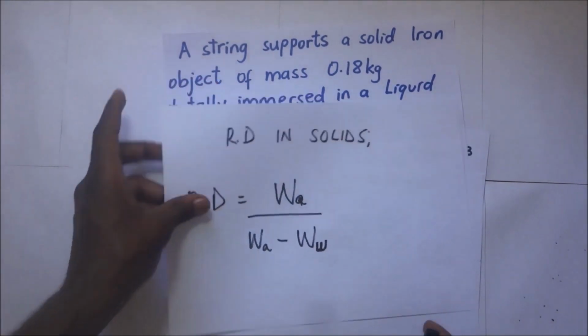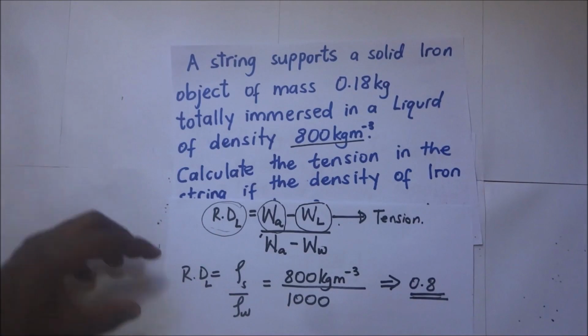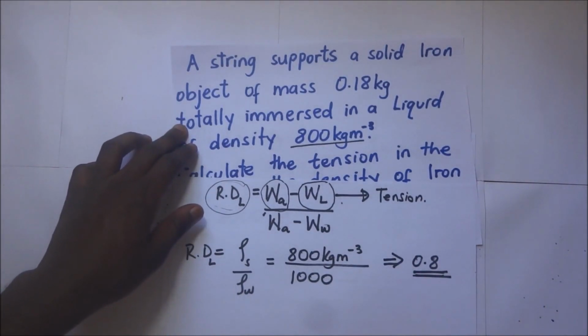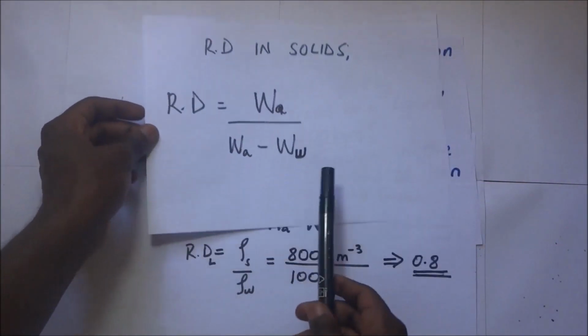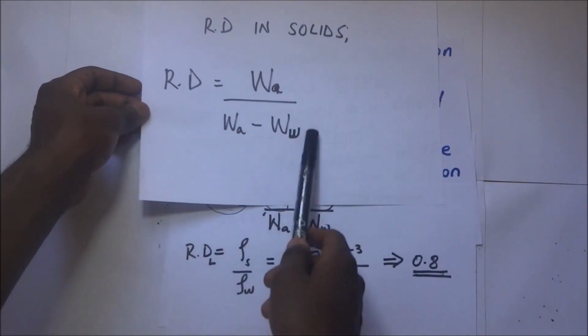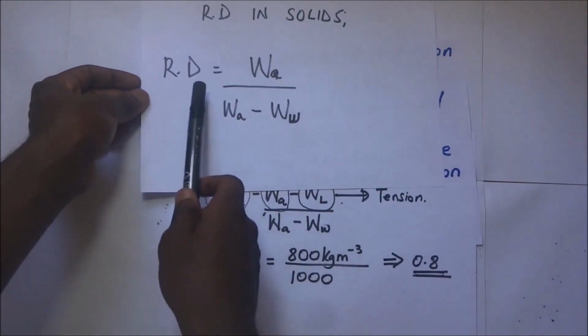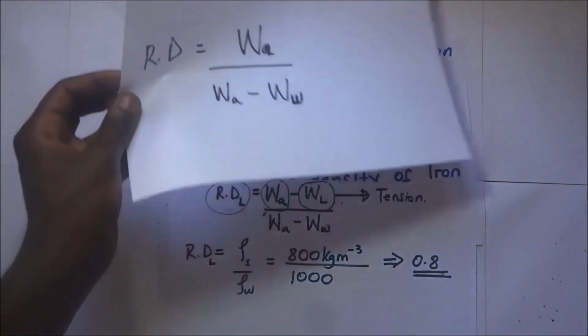In this question, we are dealing with the relative density of an ion that is immersed in water. So if we attempt to find the relative density of that ion using this expression, we will be able to find the expression here, which is exactly what we are looking for. So we shall go ahead and find the relative density of the solid.